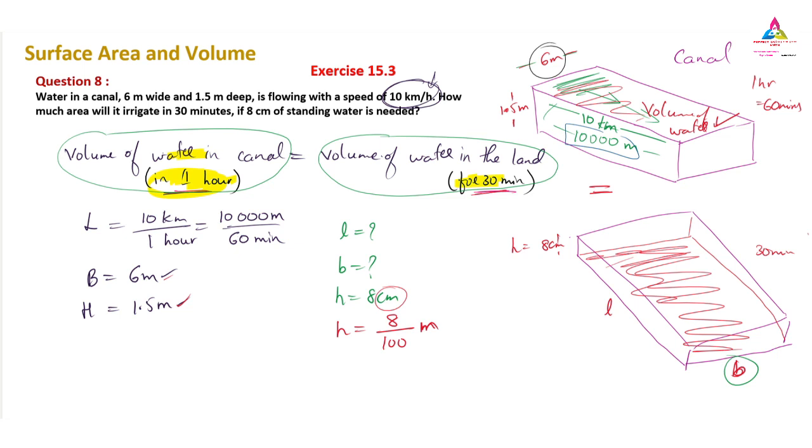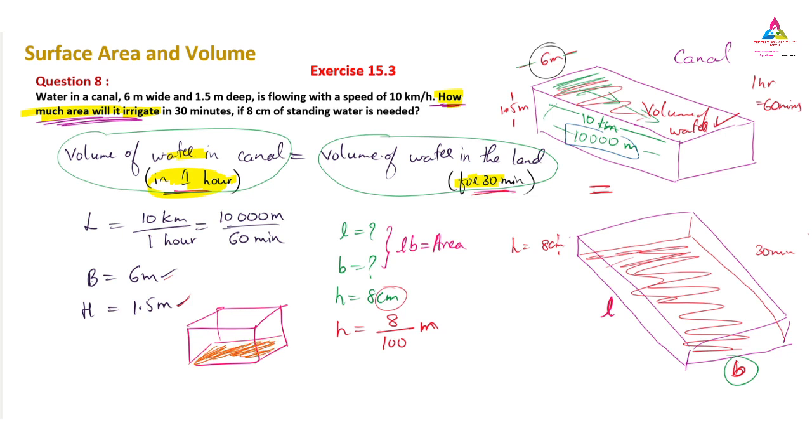So these are the basics we require. But what are L and B? They have told us to find how much area it will irrigate. So how much area will it irrigate? The answer is here. That area is nothing but L and B. So L and B combined, L into B, is the area. Because whenever you are finding the volume of the cuboid, I have already explained in my previous videos, always remember the area of the bottom into the height.